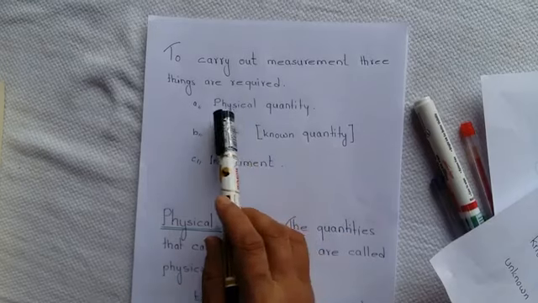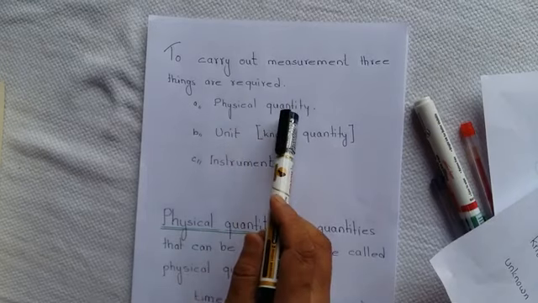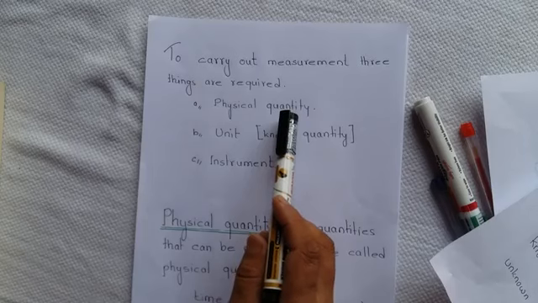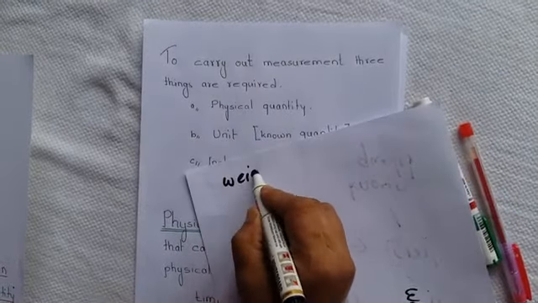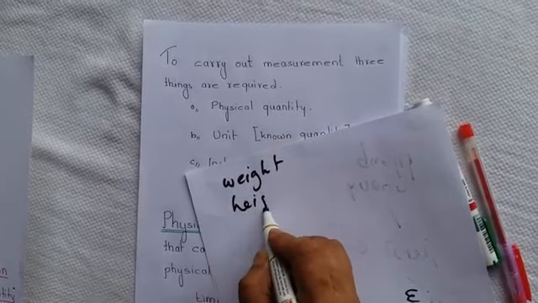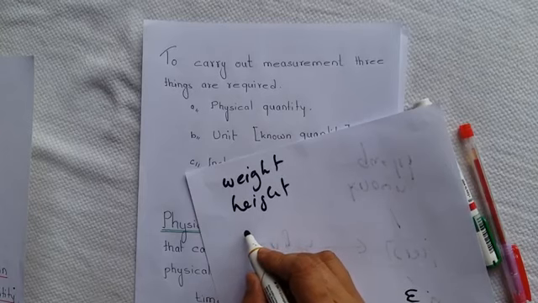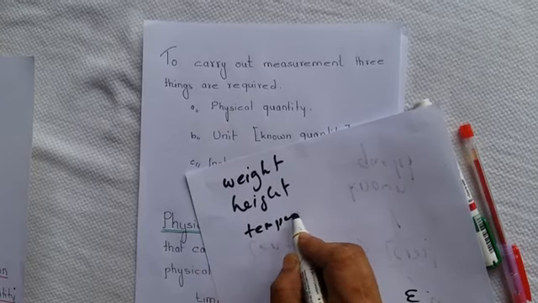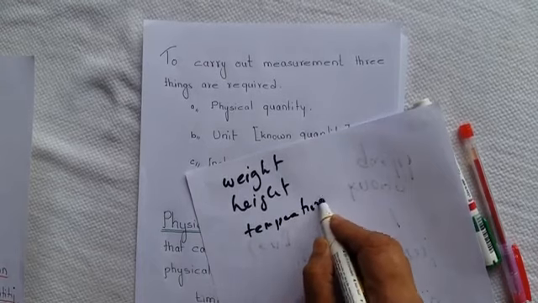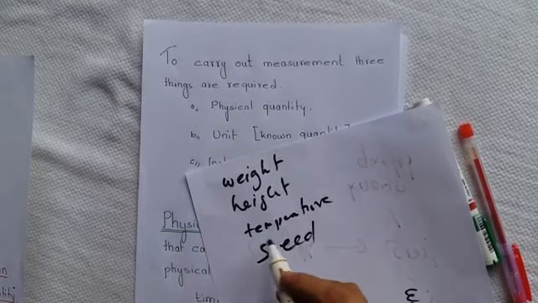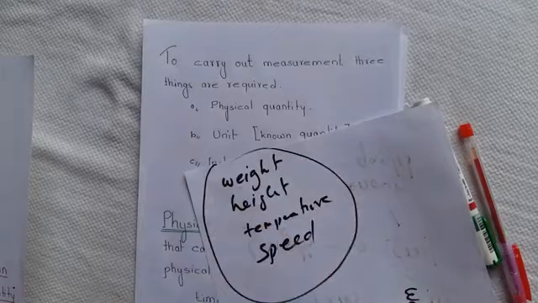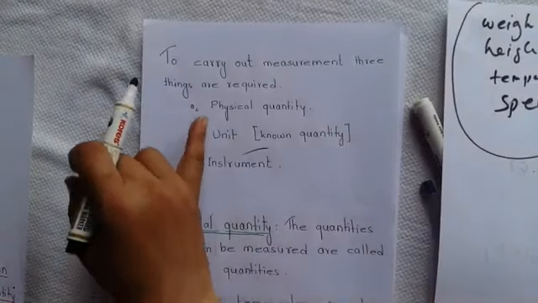What are they? They are physical quantity. Physical quantity means what you want to measure. Whether you want to measure the weight, or the height, or the temperature, or the speed. These all are physical quantity. So you need a physical quantity.